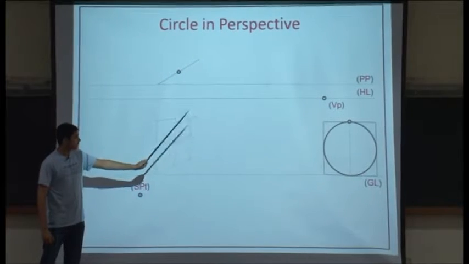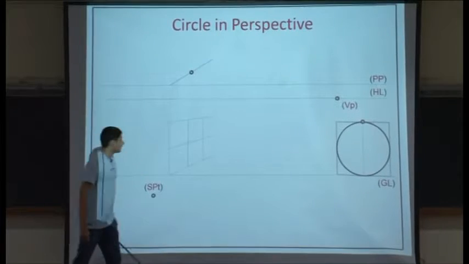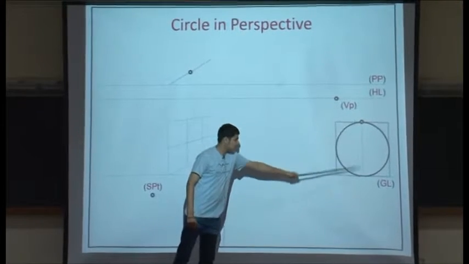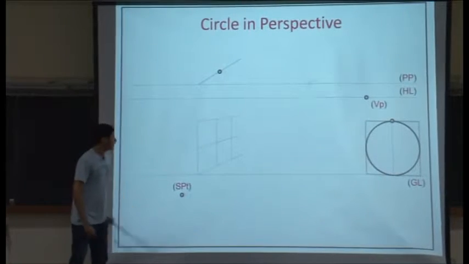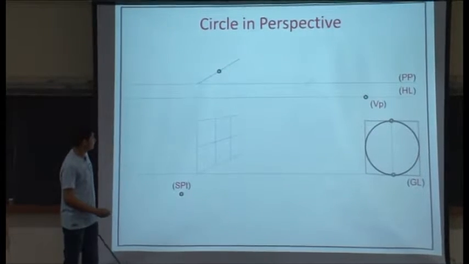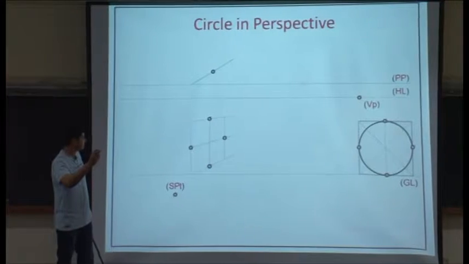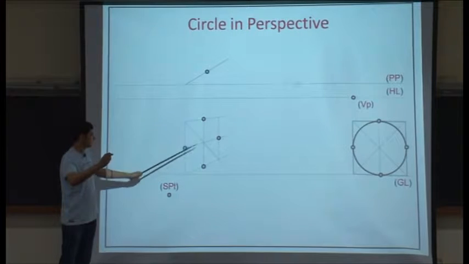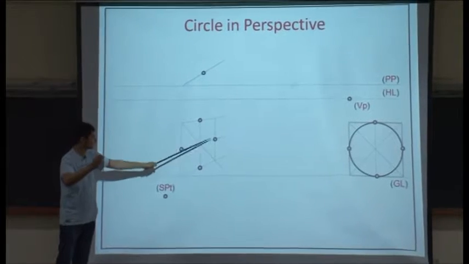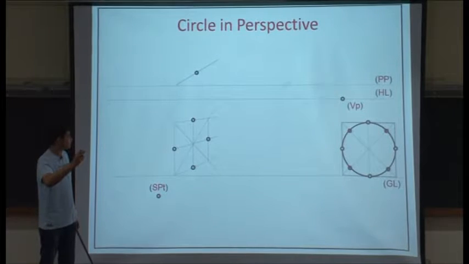So this is the bounding square for that circle, which would appear in the perspective view like this. And I will also have these 2 points as these 2 points in the perspective view. Now what I will do is that I will join the 2 diagonals and they will intersect at the point of intersection of these 2 lines.